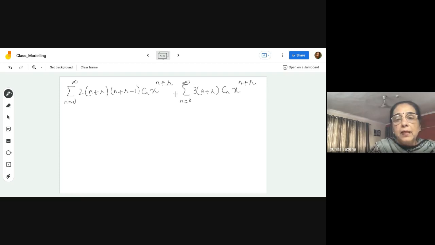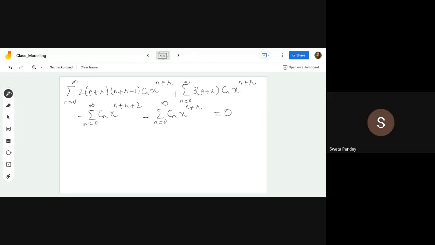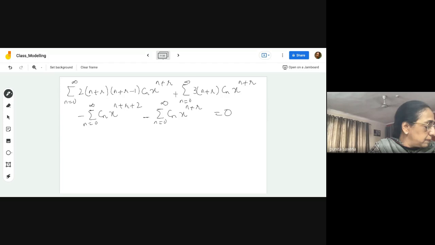Then it was minus of x squared plus 1, so one term is going to be minus summation cn x to the power n plus r plus 2. And then the last one is going to be minus summation cn x to the power n plus r, n from 0 to infinity, equal to 0. Is that right? Yes, ma'am.